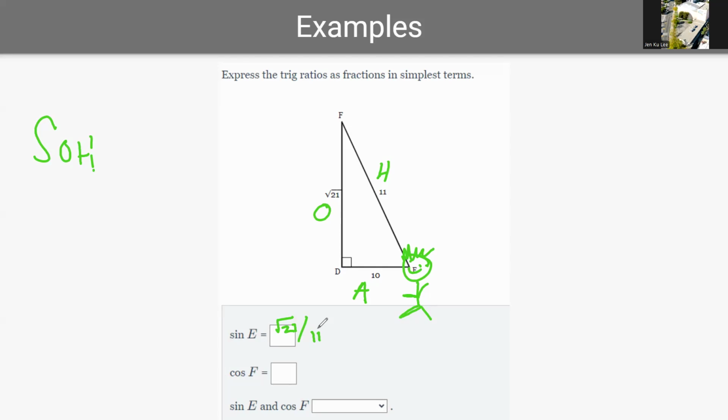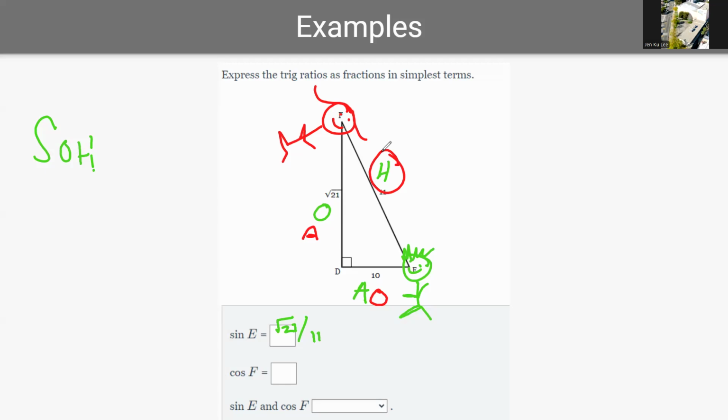And what we just went over, cosine of F, that's the other angle here. If I'm looking at it from the viewpoint of that angle, my A becomes my O. My opposite side for angle E is going to be my adjacent side for my angle F. And my hypotenuse will stay the same, because that's the longest side, it doesn't change.